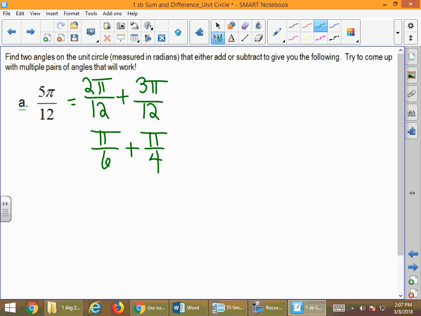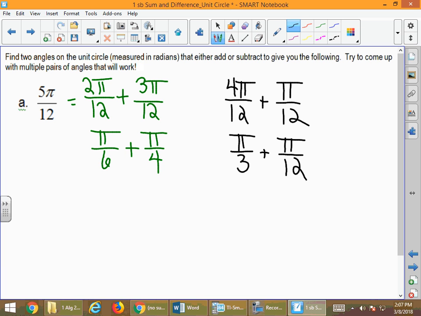Now, if you picked, and don't write this down, but if you picked, say, 4 pi over 12 plus 1 pi over 12, it's true, we can simplify that, and we get pi over 3. But do we know what pi over 12 is when we're finding values on the unit circle? We don't know that one. And that's fine. If you pick it wrong, that's okay. It's just that this one's not going to work because we don't know the values for pi over 12.